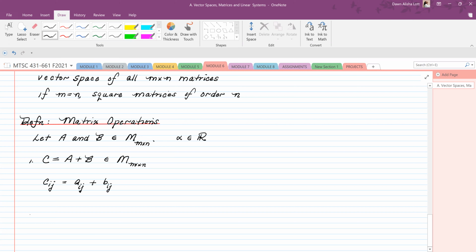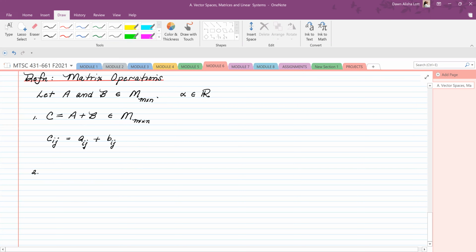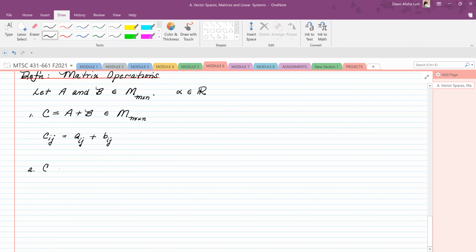Okay, number 2. We can talk about the matrix C that equals alpha times the matrix A. This is also in M by N, and here Cij is simply equal to alpha times Aij. Okay.